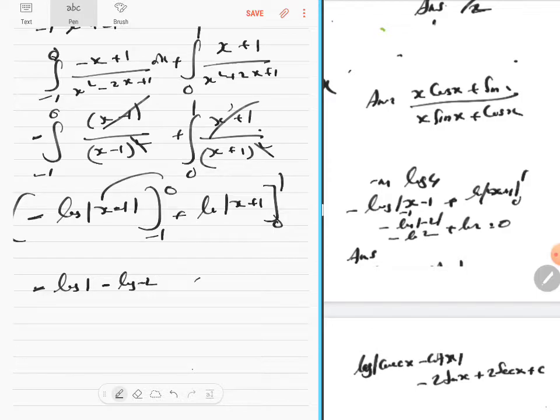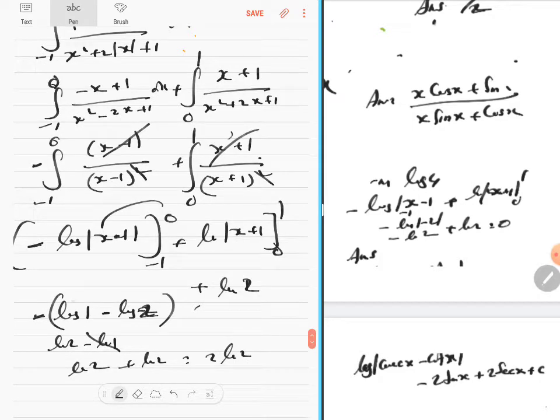So this is also with a mod, so it will become 2. Then there is a bracket here because minus is common, so it's log 2 minus log 1, and log 1 is anyway 0, so log 2 is this. And what about this? This will be log 1, and this will be log 2 if you substitute the upper limit, log 1, so log 2 plus log 2 is 2 log 2. No, but the answer is supposed to be 0, so what is the mistake?